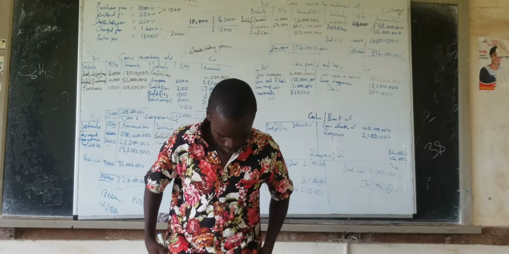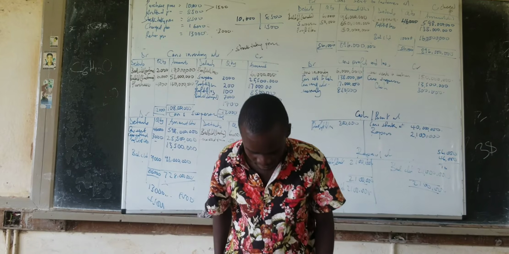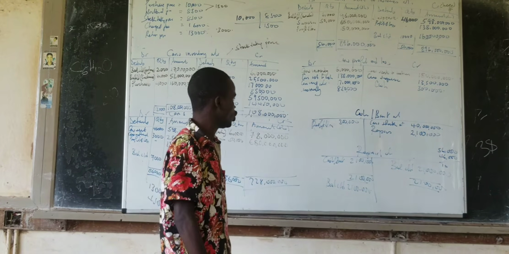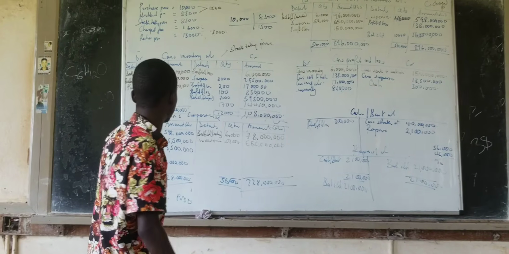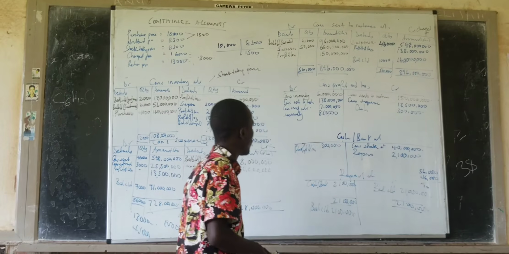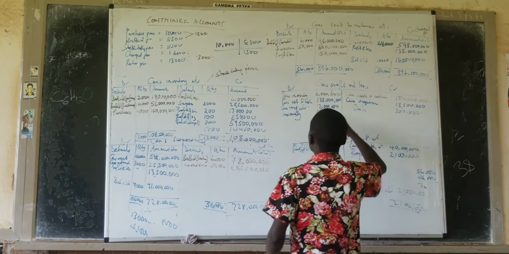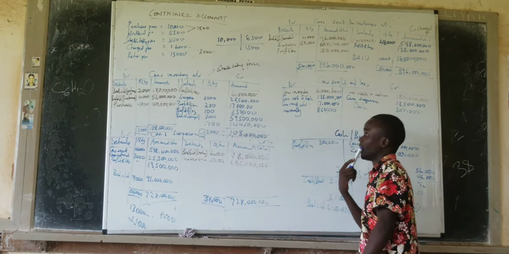Then we are having 50,000 cans were issued to customers. Once we issued out cans to customers, meaning customers got more cans, this is the 50,000 cans that were issued to customers.